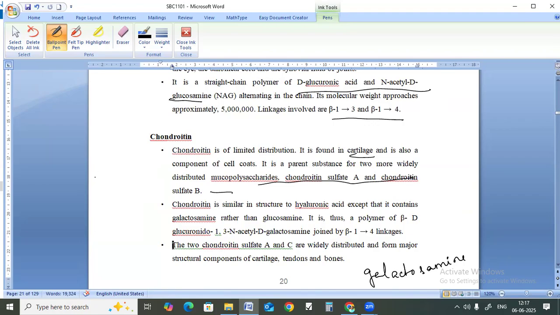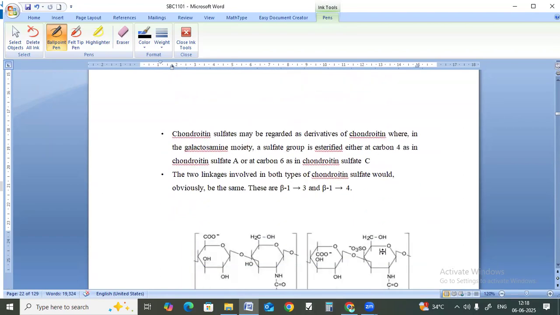And that means the chondroitin mainly contains the units of D-glucuronic acid plus N-acetyl D-glucosamine, which are linked by beta 1,4 linkage. And these are mainly present as the structural components of the cartilages and tendons and also bones.